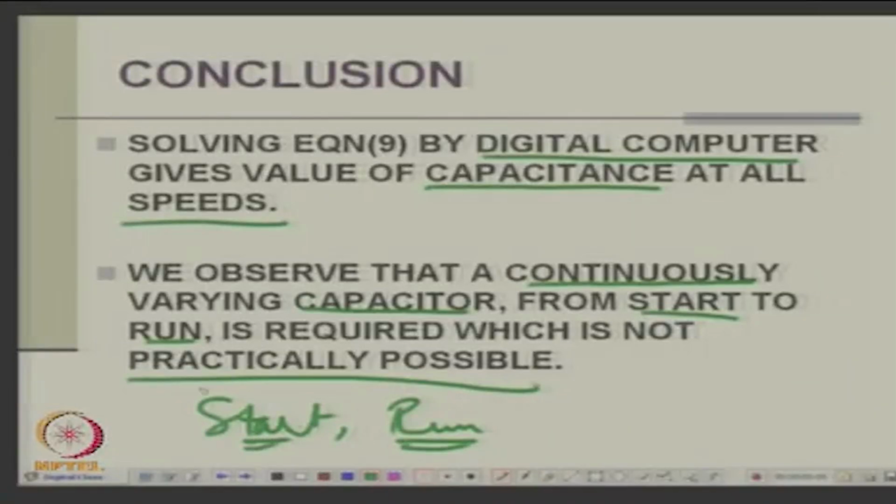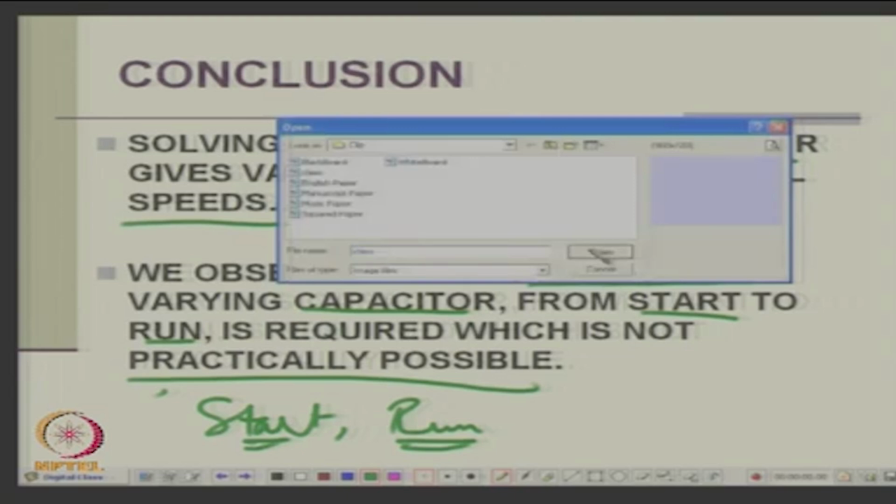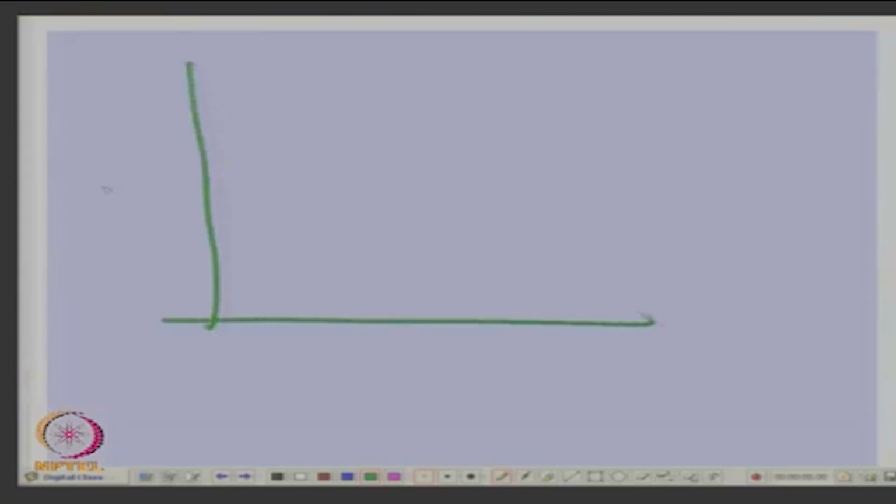So normally they have a start capacitor and a run capacitor. Let me tell you the typical variation of Xc for minimum unbalance versus speed.